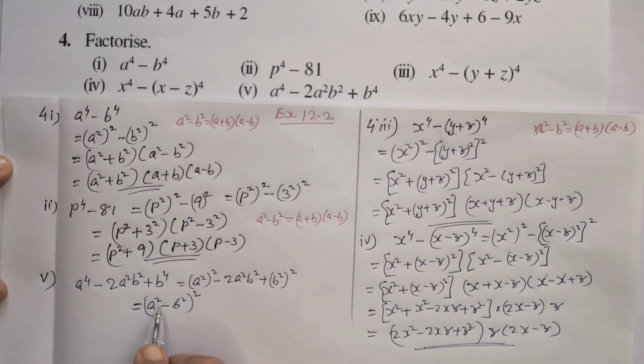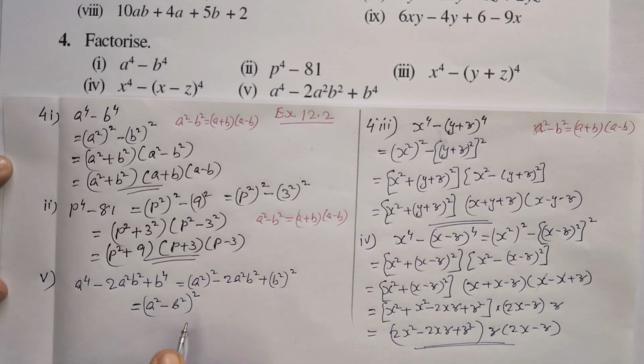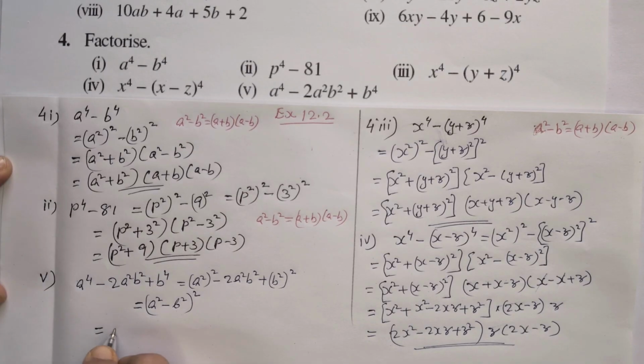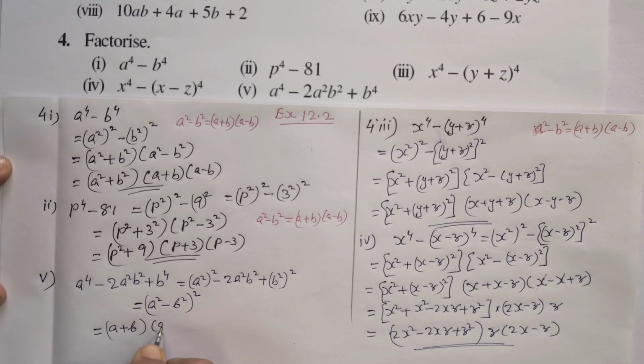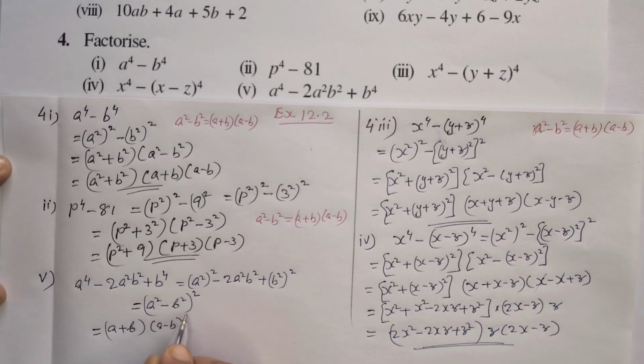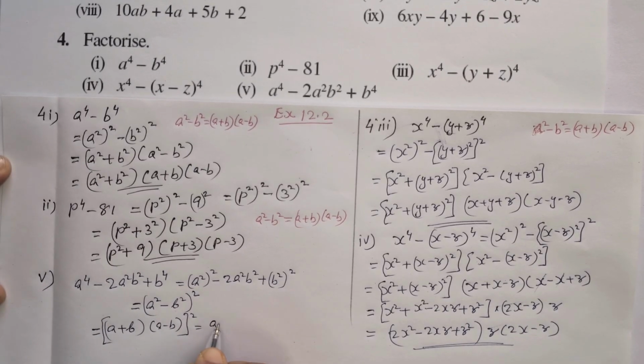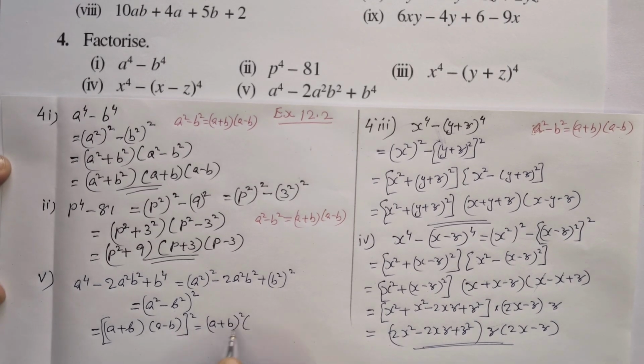The middle term is 2 into first term into second term. So this we can write as a square minus b square using the identity a plus b into a minus b and the whole square, which is equal to a plus b the first term square into a minus b square.